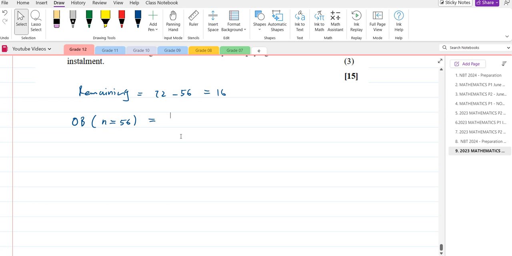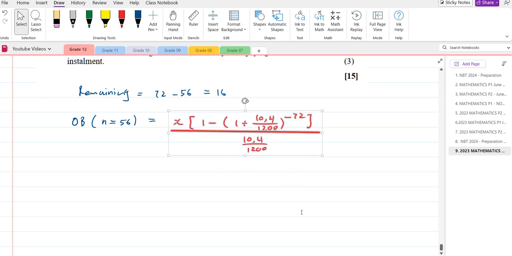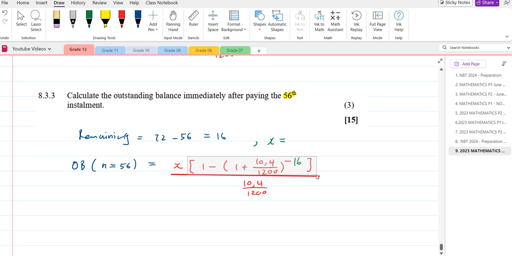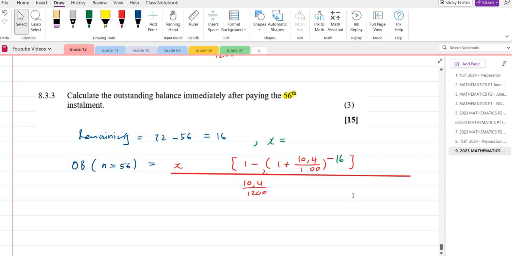So we're going to use the same formula, but we're going to change this value into 16, because there are 16 remaining payments left. And what's the value of x? Remember, x is equal to the monthly amount, which is 6,661.78. So let's just write it out, okay? This aside. Let's write down the value of x.